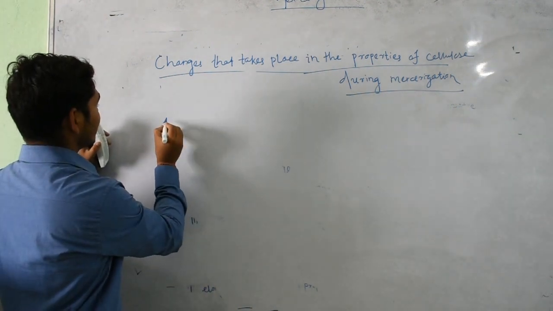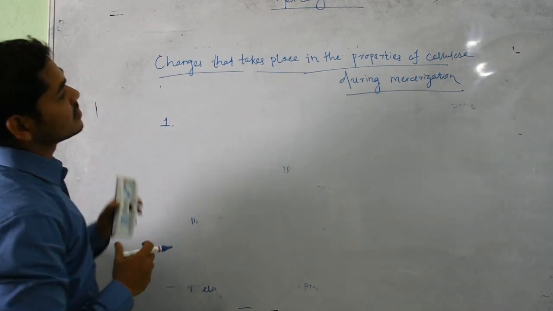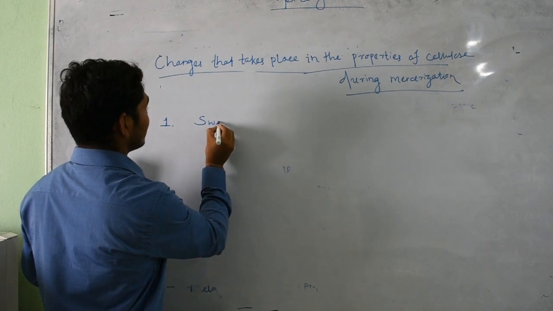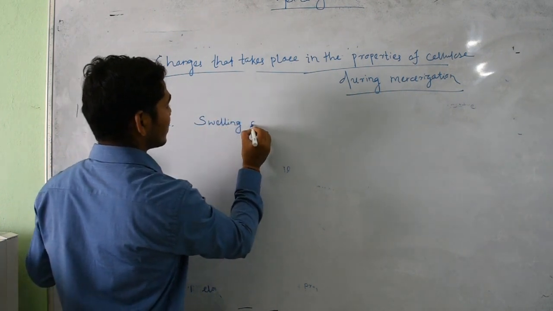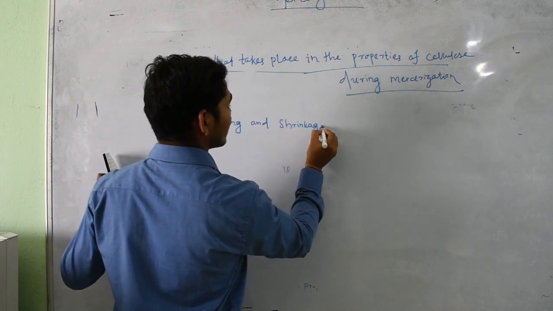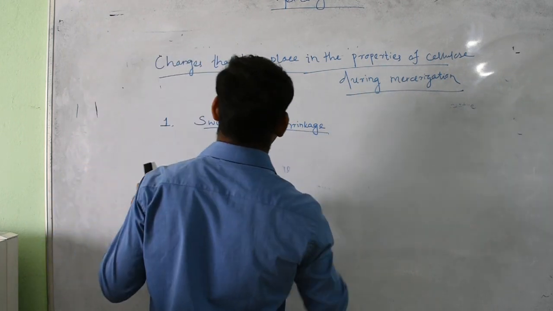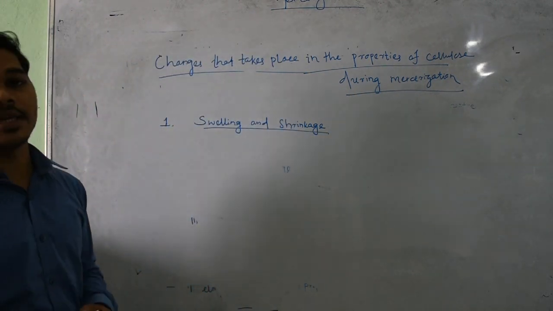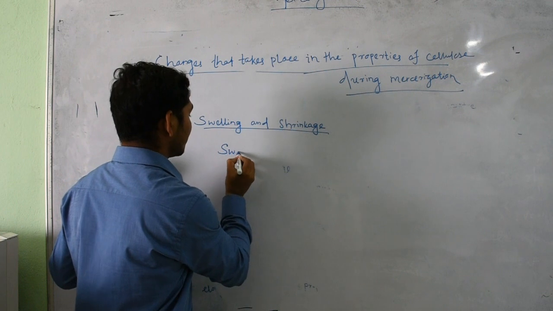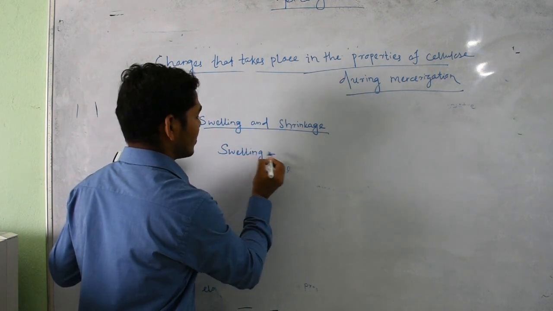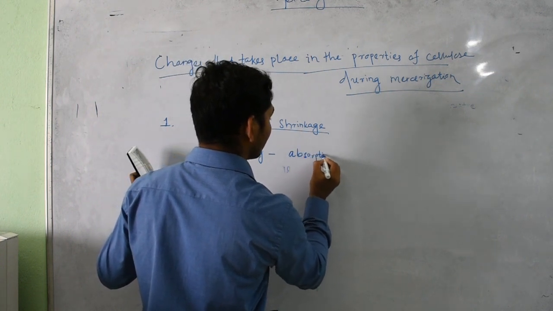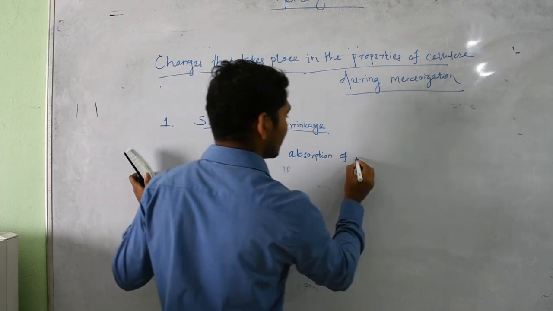So first changes that takes place in properties of cellulose is swelling and shrinkage. Now, why swelling and shrinkage actually takes place during mercerization is the reason behind the swelling is the absorption of alkali hydrates.